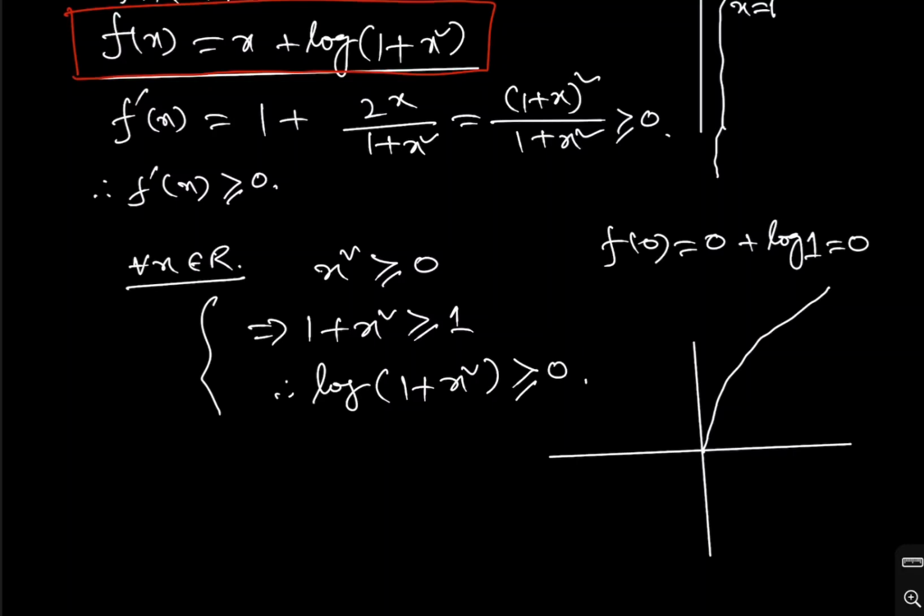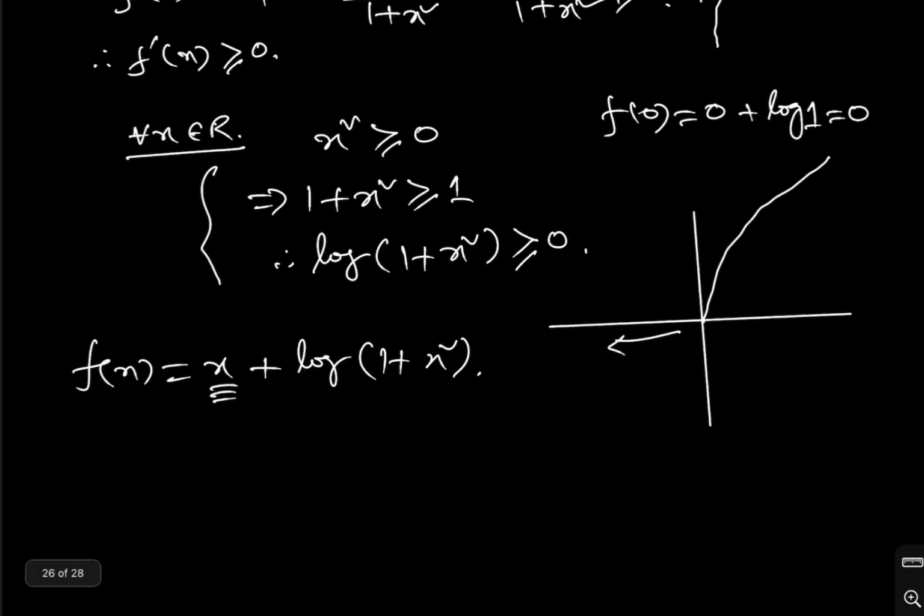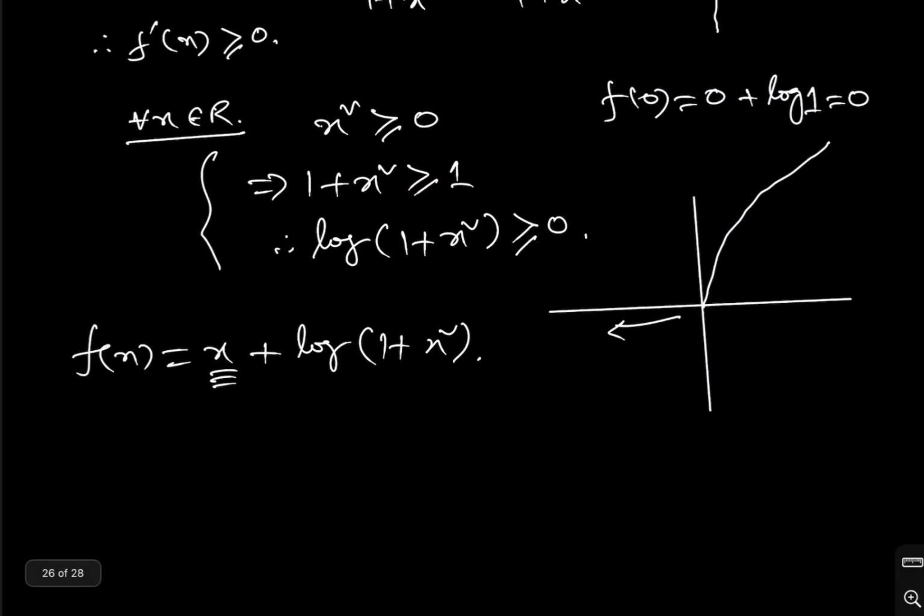Now students, for the rest, the negative part, x will always be negative. So this is my f(x), x plus log of 1 plus x square. This part will be negative as x is negative, but 1 plus x square is always positive.